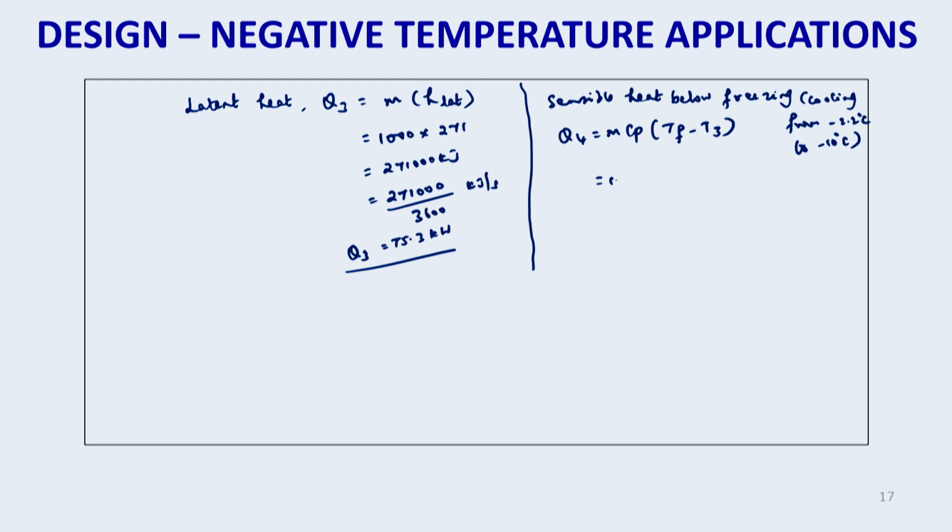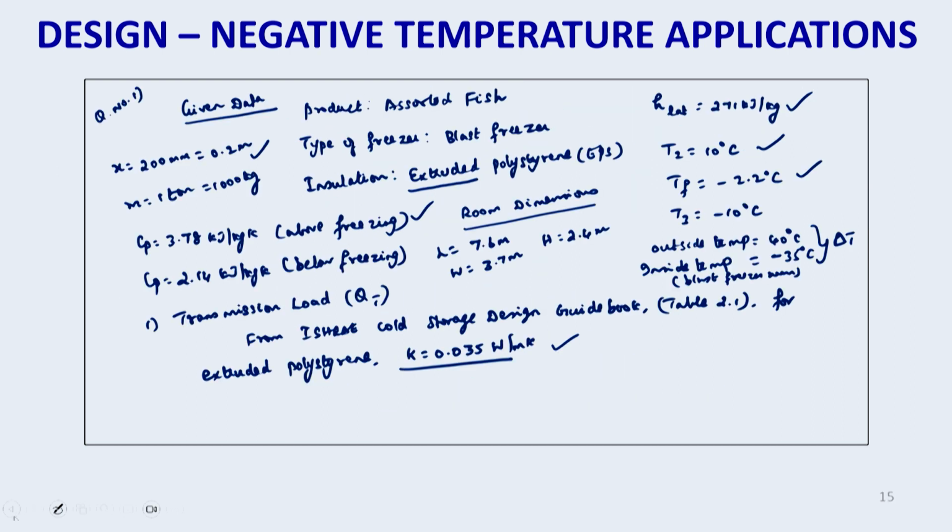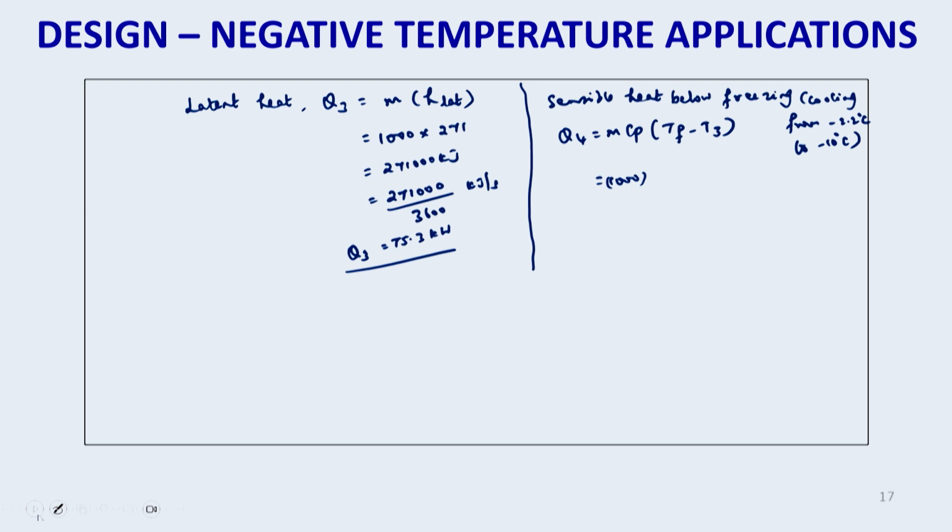So substitute the values. M is 1000. Here we have to substitute the value of Cp below freezing, that is 2.14, into Tf, minus 2.2, minus of minus 10.